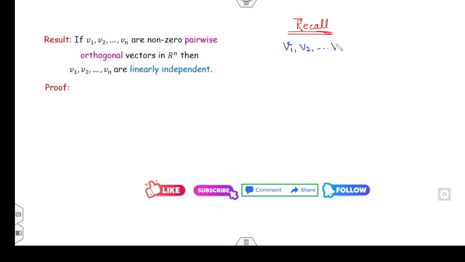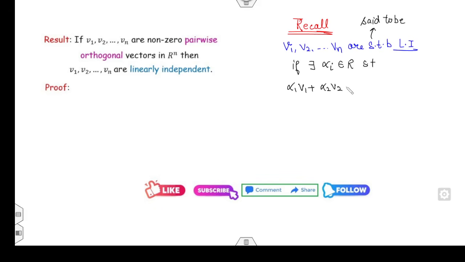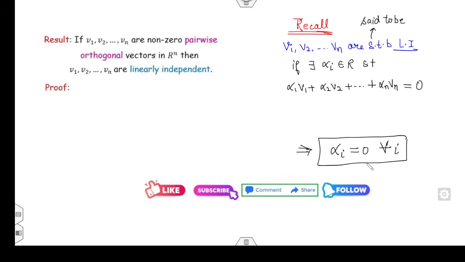V1, V2 up to Vn are said to be linearly independent if there exist alpha i's such that alpha 1 v1 plus alpha 2 v2 up to alpha n vn is 0, and if you prove that each of the alpha i is 0, that implies the vi's are linearly independent. This is how we prove linear independence, right? So the same way we can start from here.